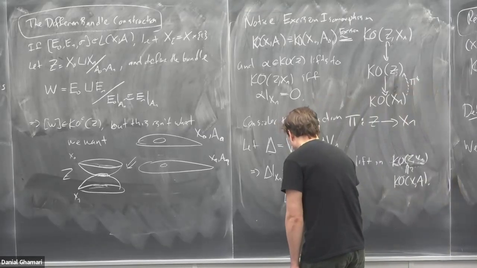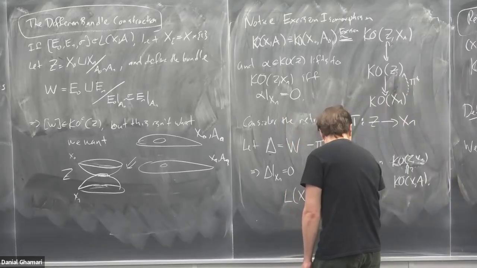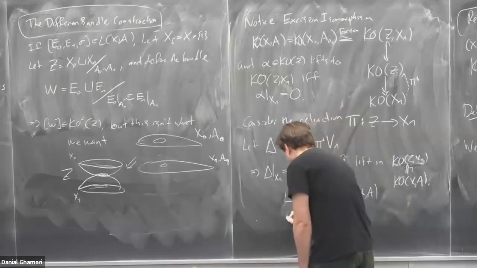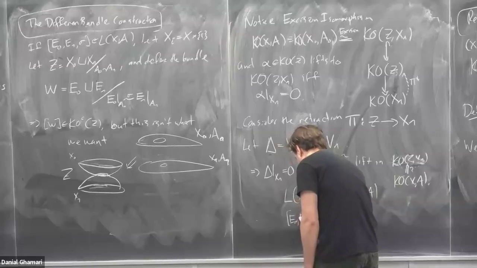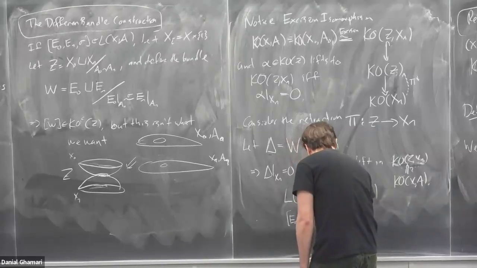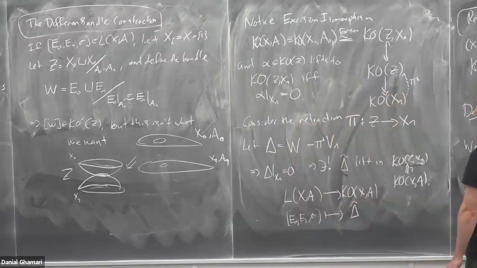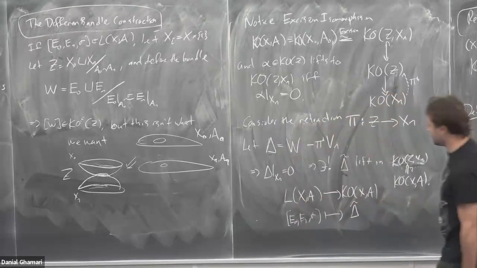Our Euler characteristic going from our L group to our KO group takes our bundle data E0, E1, sigma to whatever this delta tilde is. So this is the actual isomorphism.